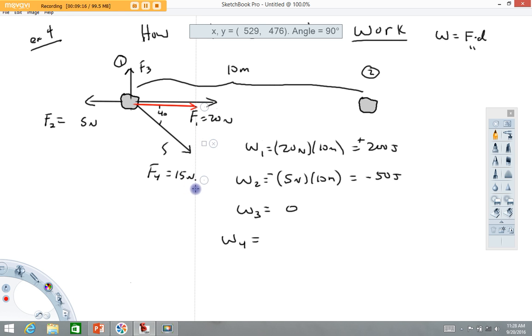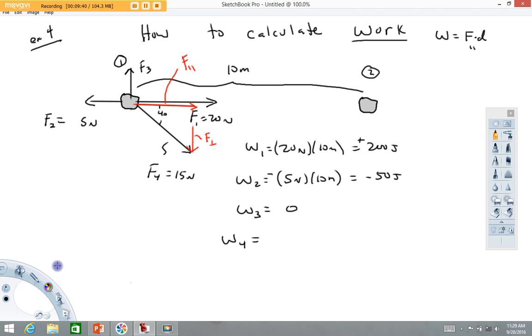Oops, I might have drawn that a little large here, but all right. Here is the component of, did I say force 1 too? I meant force 4. All right, so this red line right here, this is the component of force 4 that is perpendicular to the displacement. This one in red is the component of force 4 that is parallel to the displacement.